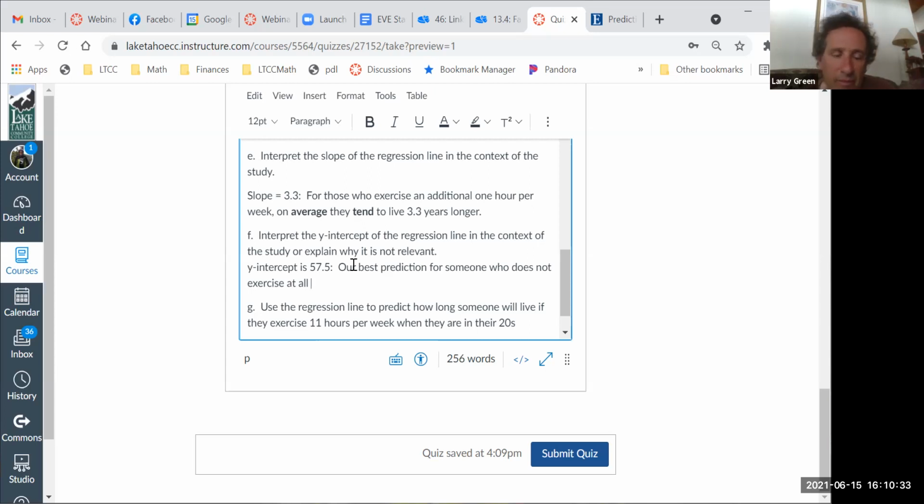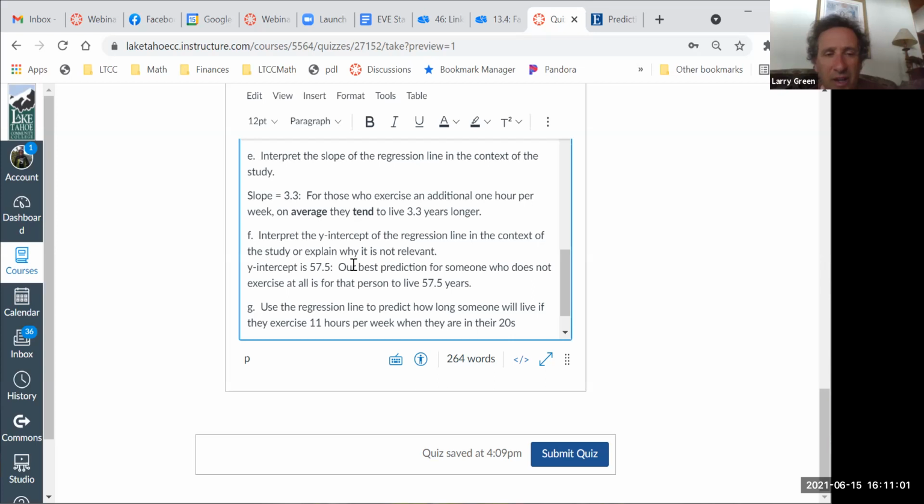Any questions on how I turned 0 into does not exercise at all? Is for that person to live 57.5 years or die at the age 57.5. It's the same thing.